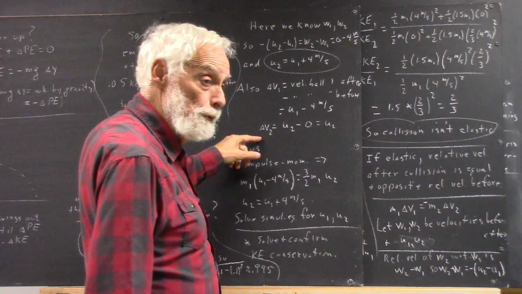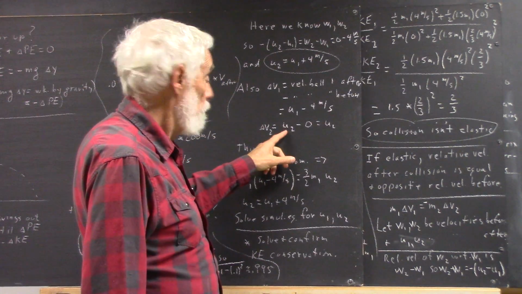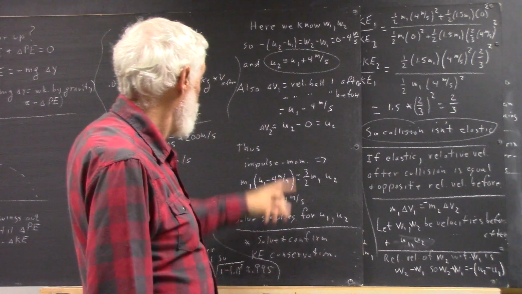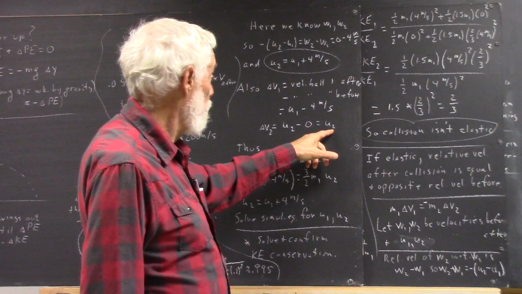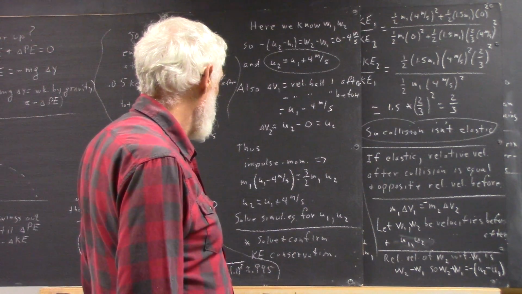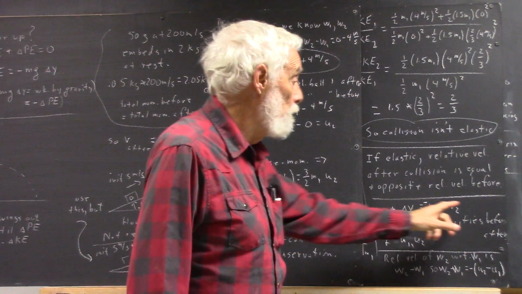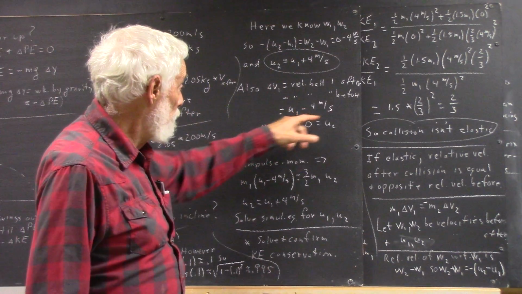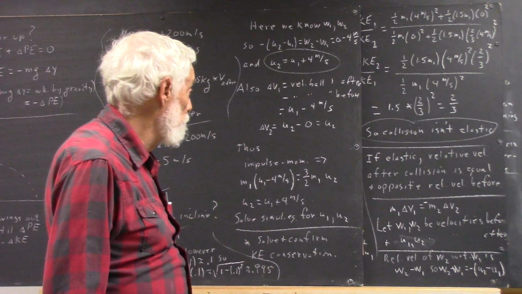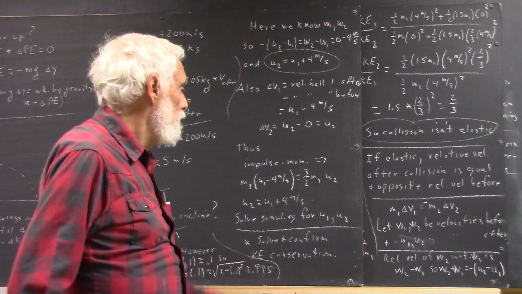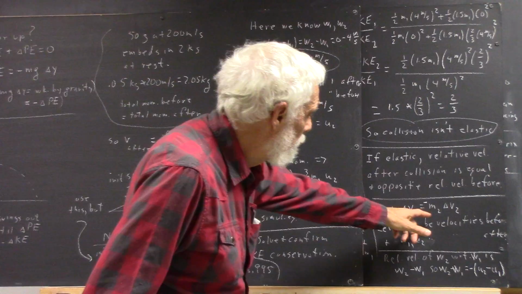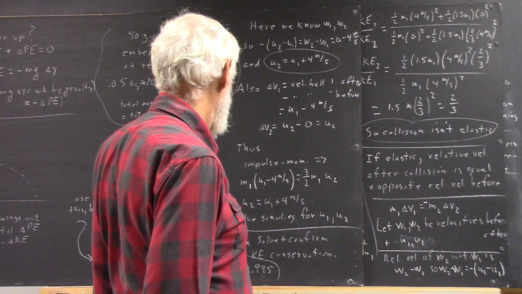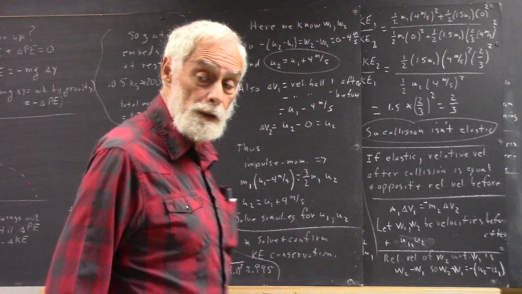Our delta V2 is U2, which is the velocity of ball 2 after collision, as defined here, minus 0, and of course that is equal to U2. So we have this equation, which becomes M1 times the delta V1, the U1 minus 4 meters per second, and that equals the negative of M2 V2, and I think I didn't write my negative.